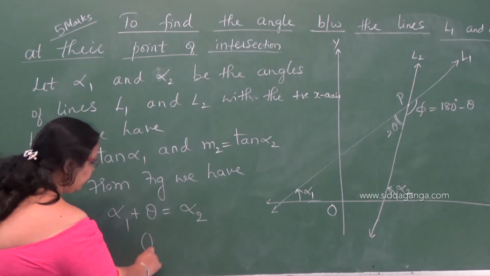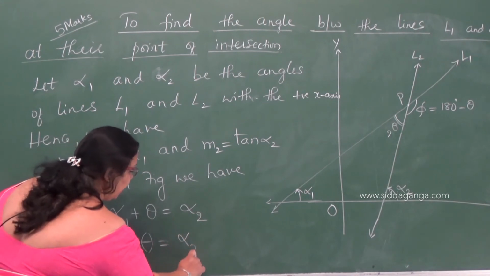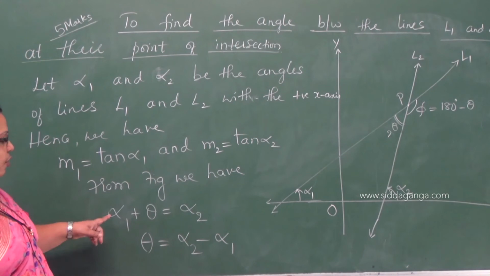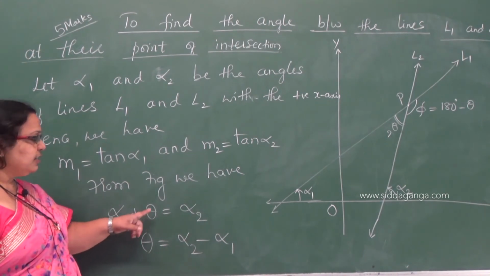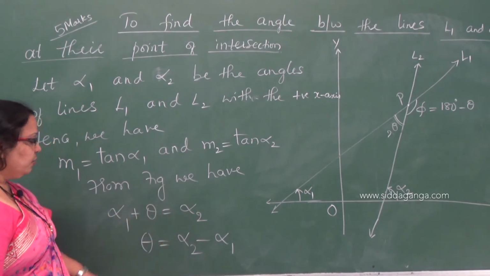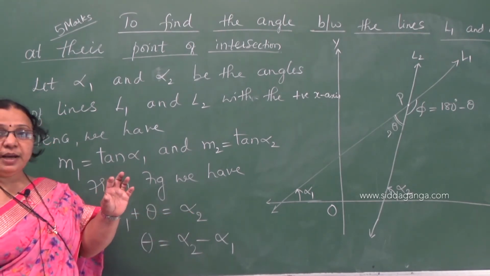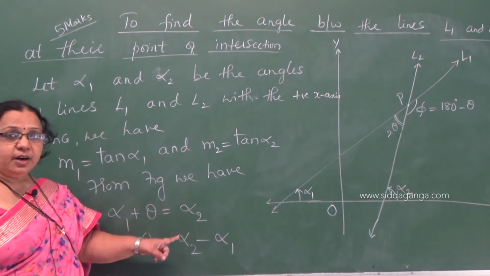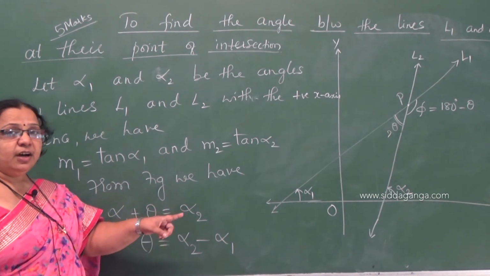So therefore theta equal to alpha 2 minus alpha 1. The sum of the two interior angles is equal to the exterior angle. So what we need is angle theta, therefore theta equal to alpha 2 minus alpha 1.